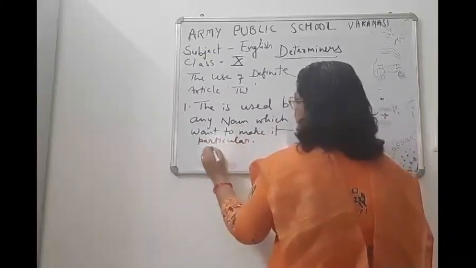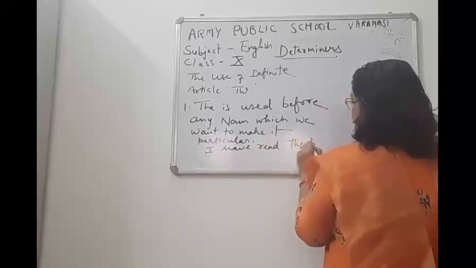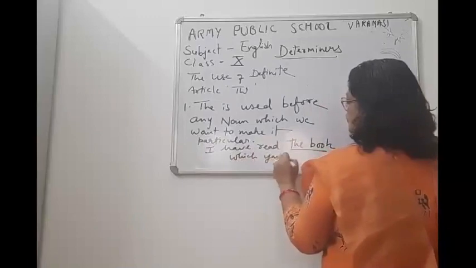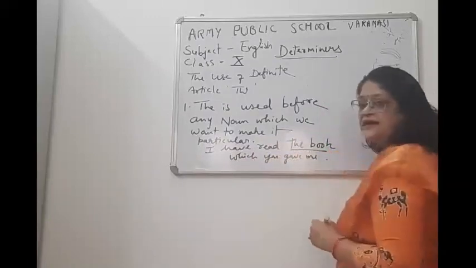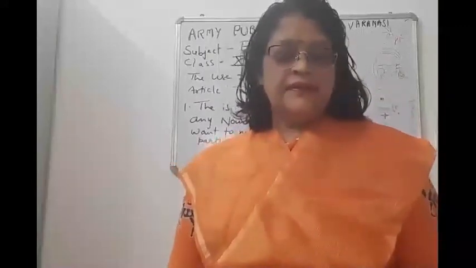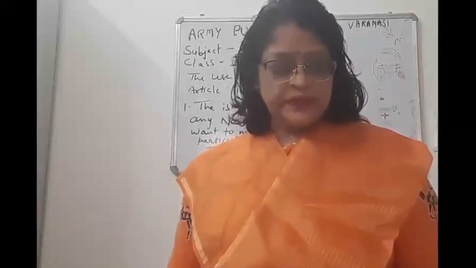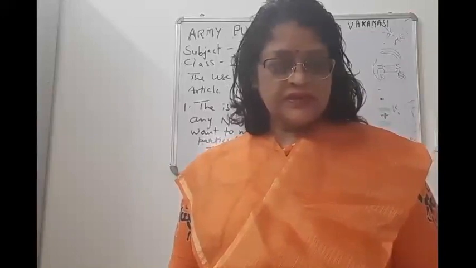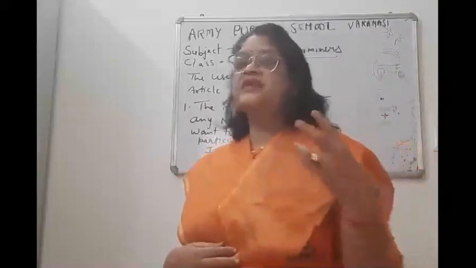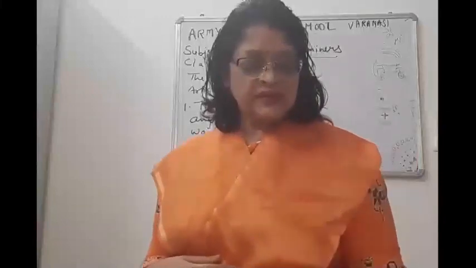Like, I have read the book which you gave me. So here you can see, children, the book is a noun, and we wanted to make it particular. That means if we refer to some particular thing or person, we use the here.